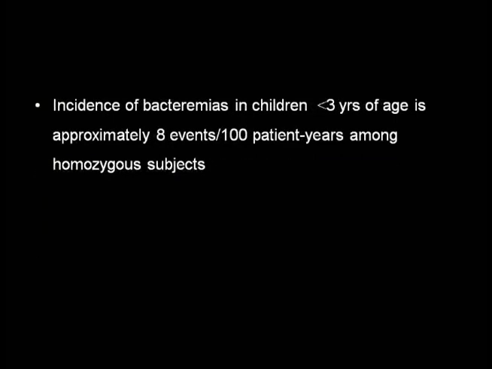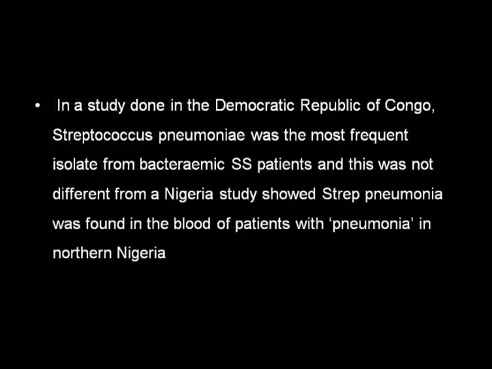The incidence of bacteremia in children less than 3 years of age was approximately 8 events per 100 patient years among the homozygous subjects, that's the ones who have HBSS. A study that was done in Congo showed that Strep pneumoniae was the most frequently isolated bacteria in patients with HBSS, and this was not different from a previous study that was done in Nigeria that also showed Strep pneumoniae.